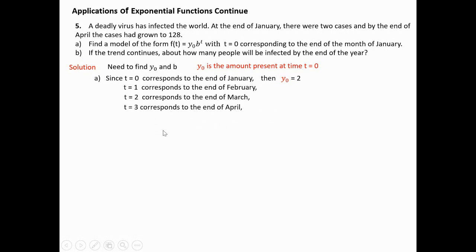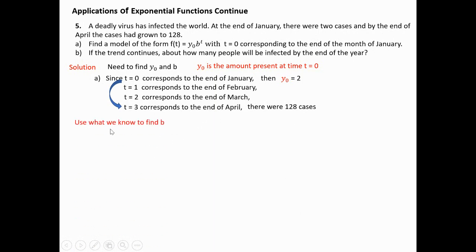So this is what we need. At the end of April, there were 128 cases, as it says in the introduction of this problem. So then we can go from t equals 0 to t equals 3.